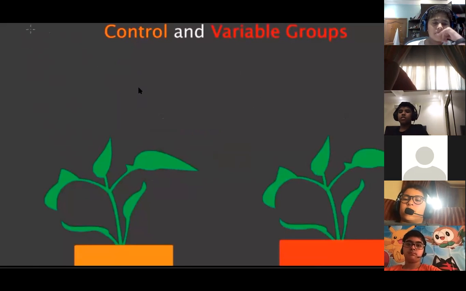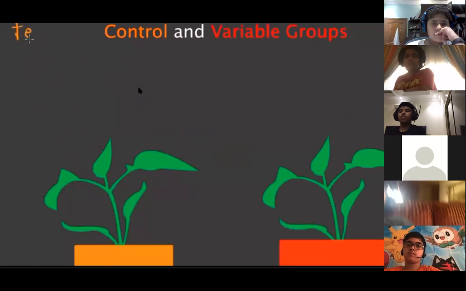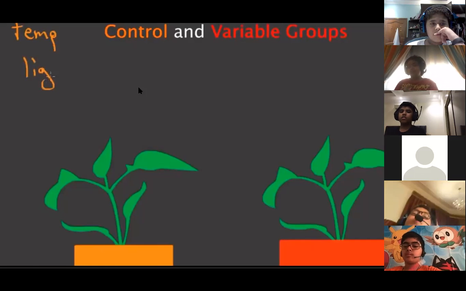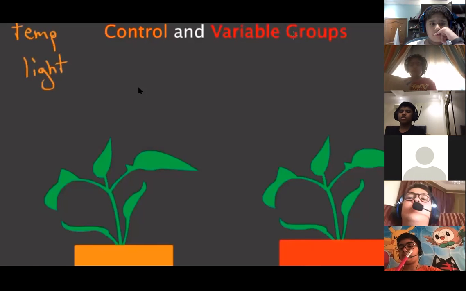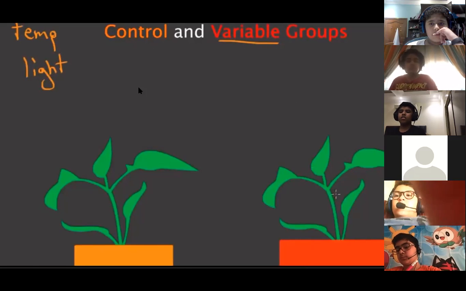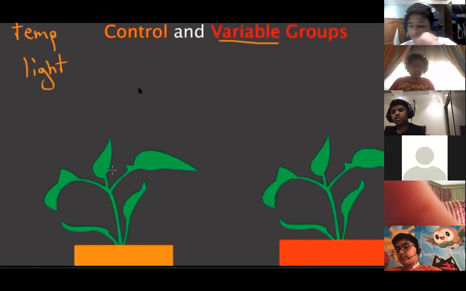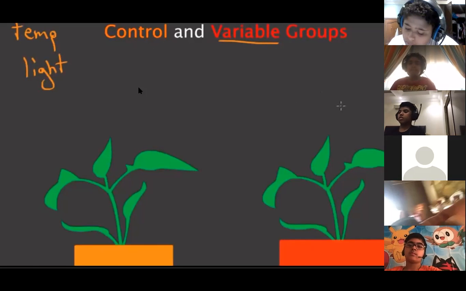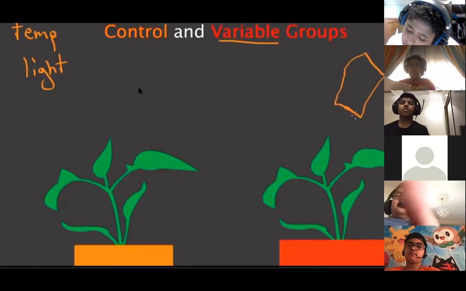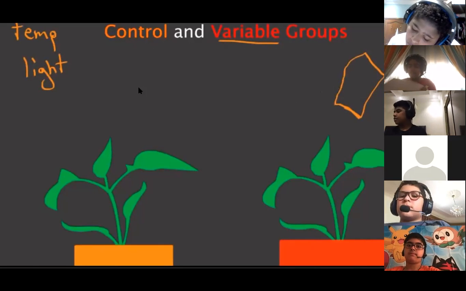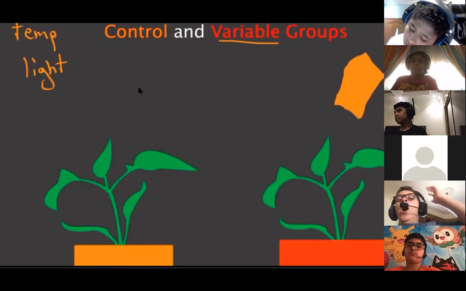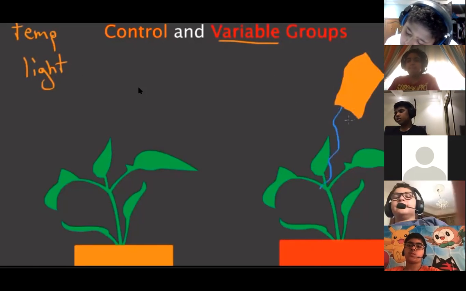So both of these houseplants will be exactly the same temperature and they'll get the same amount of sunlight, but there'll be one difference, and that is called a variable. And so this plant over here would be the variable group, and this plant over here will be the control group. And the one thing that we're going to change in this experiment is I'm going to see if giving my plant a half cup of energy drink every day will make it grow more. So here's my energy drink can, and there's some energy drink.